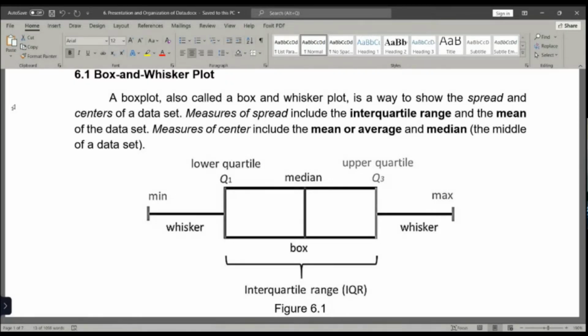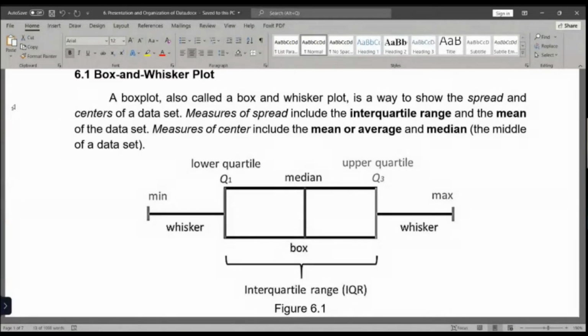The main measures of spread are the variance and the standard deviation, but we are not concerned with the variance and the standard deviation. We are only to use the interquartile range to describe our data.